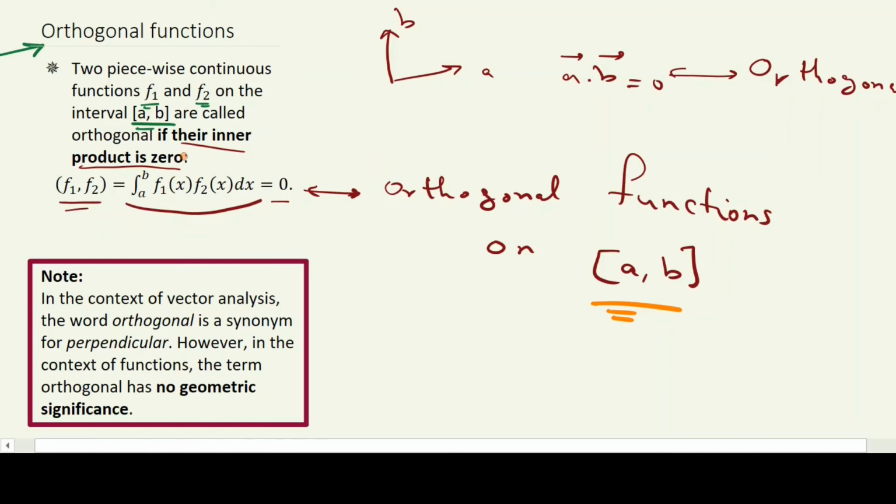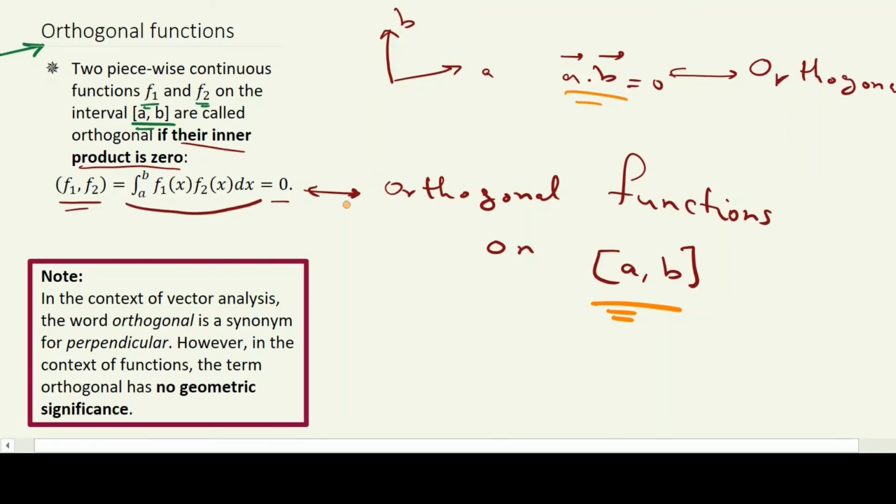In the context of functions it matters; in the context of vectors, we didn't have such a thing. Two vectors could be either orthogonal or not, depending on the value of their inner product. But when we talk about functions, it's very important to define what interval we are talking about. Two functions can be orthogonal on a given interval, while they can be non-orthogonal on other intervals.